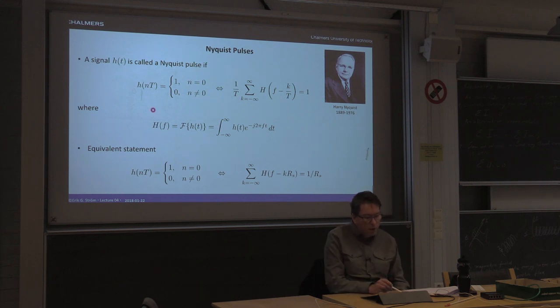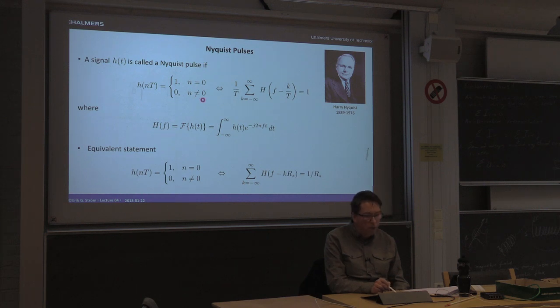Anyway, a Nyquist pulse is a pulse where, when you take samples of it every T seconds, only one sample is non-zero, namely the one at the origin when n is equal to 0. All other samples are zero. So this is a time domain requirement.